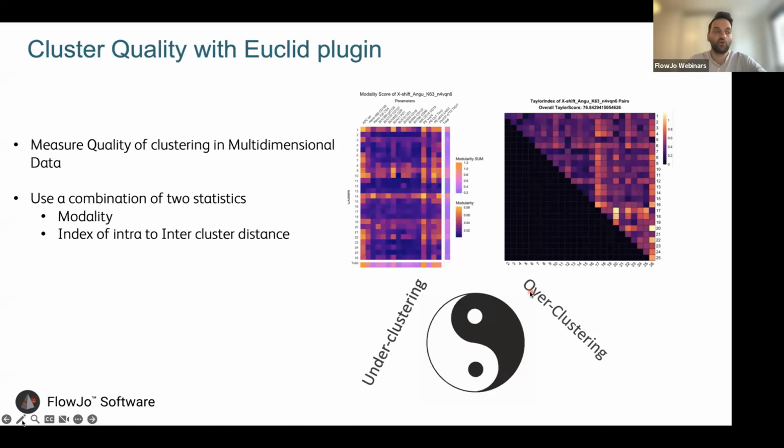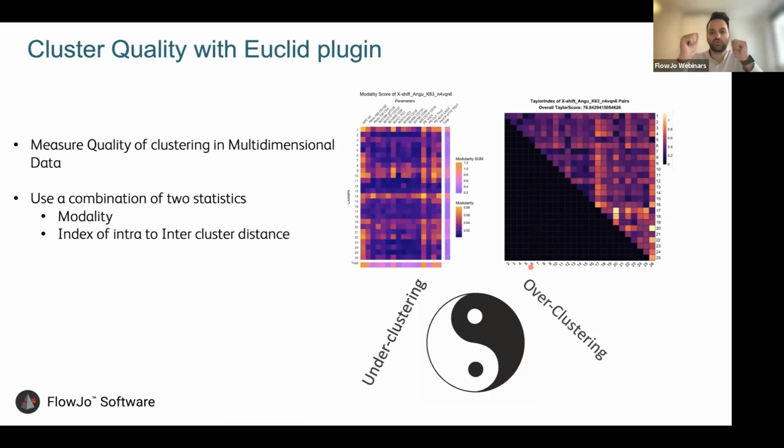It detects overclustering. Overclustering in general is much easier to detect in a data set, also using Cluster Explorer. But what this test will do is compare each cluster to each cluster in the high dimensional space.